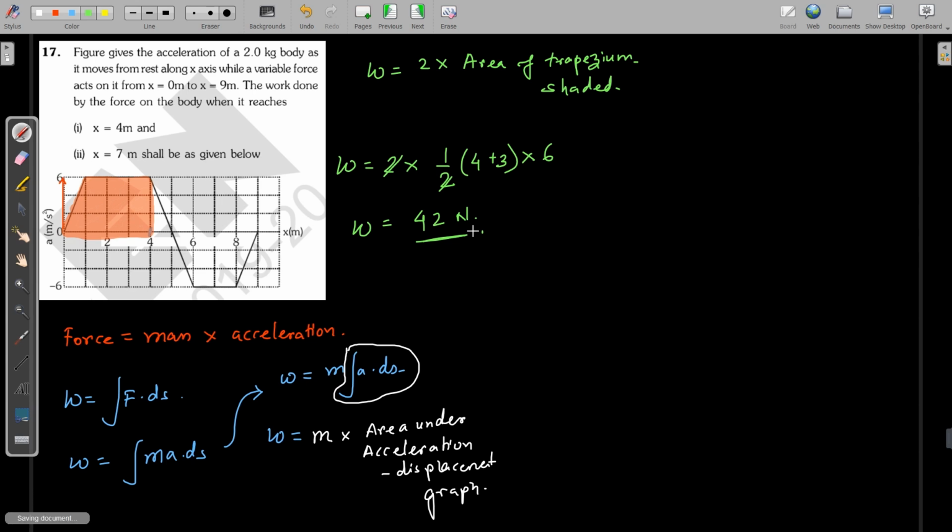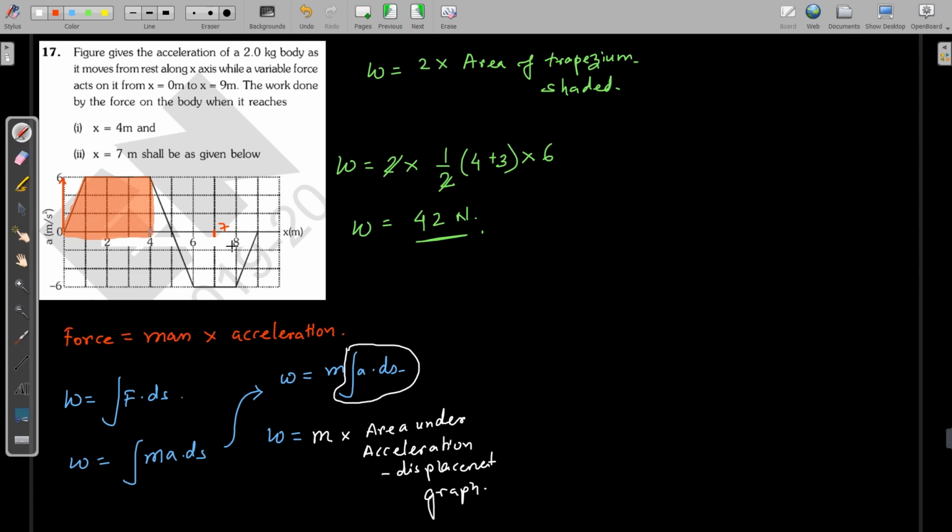And next they have asked, what is it? It is asked, work done when it reaches 7. How can we find out what is the work done when it has reached 7? Can you understand which is the 7 mark here? This is the 7 mark.